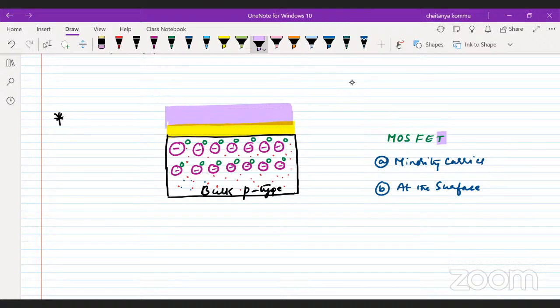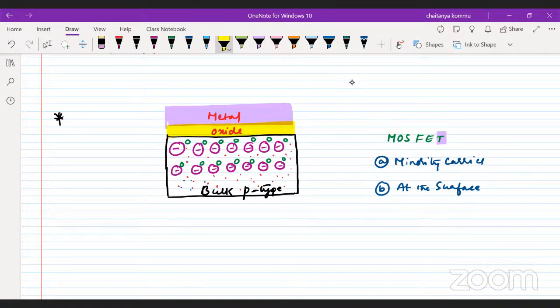Assume that this is a metal, this is an oxide, and the bottom one is a semiconductor. So this structure can fulfill our requirement.